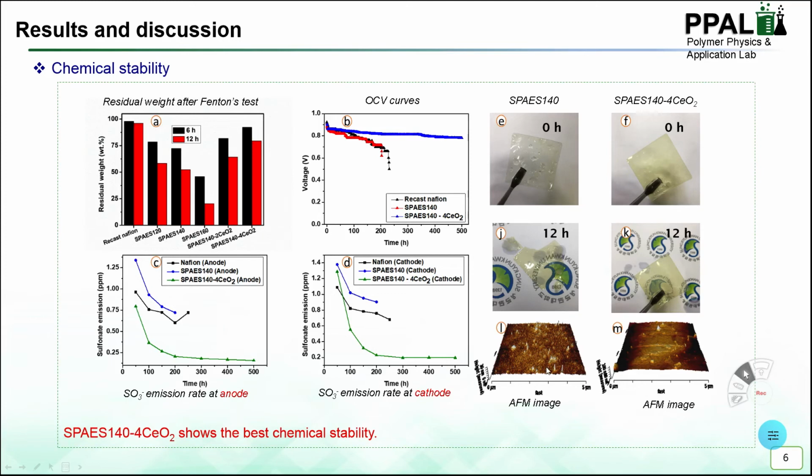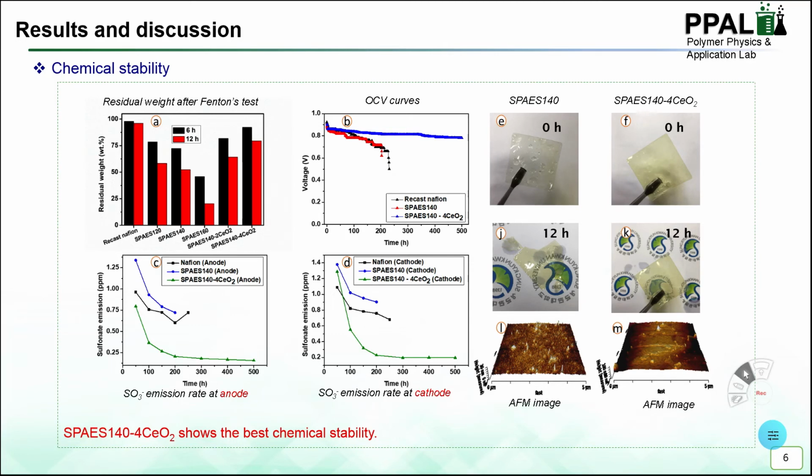Figures L and M are the AFM images of the SBAES 140 and layer-by-layer membrane after 6-hour treatment by the Fenton test solution. On the surface of the pristine membrane appear a lot of pinholes.